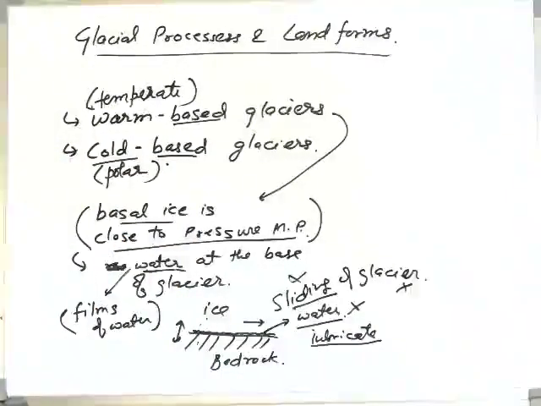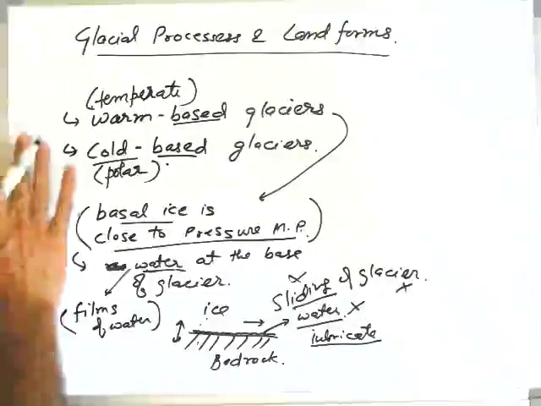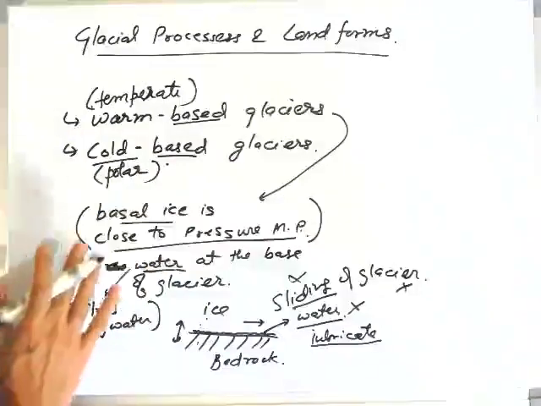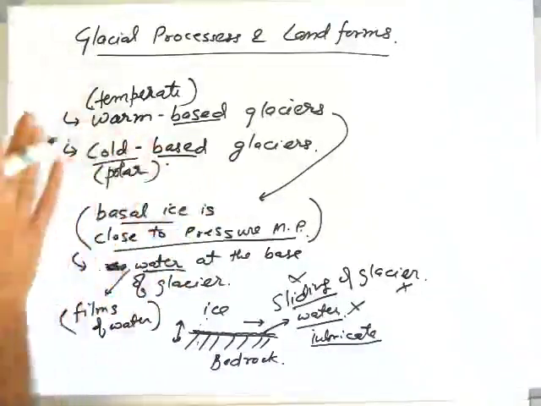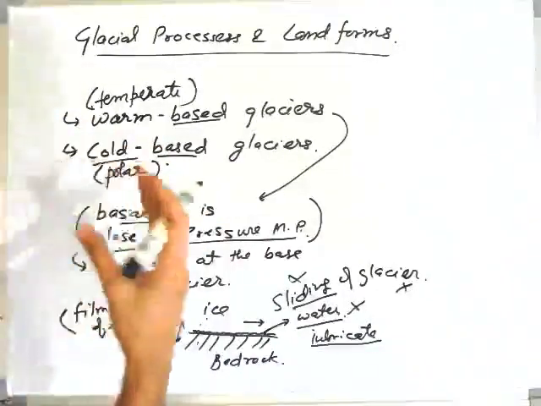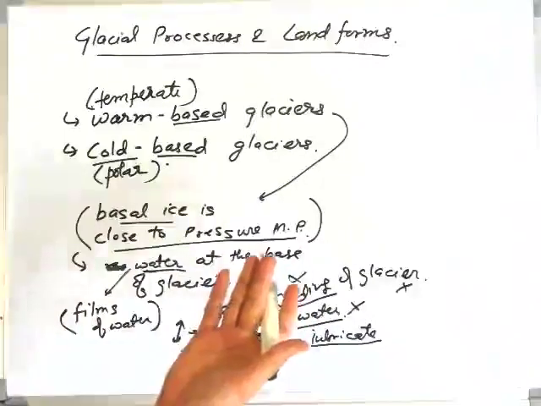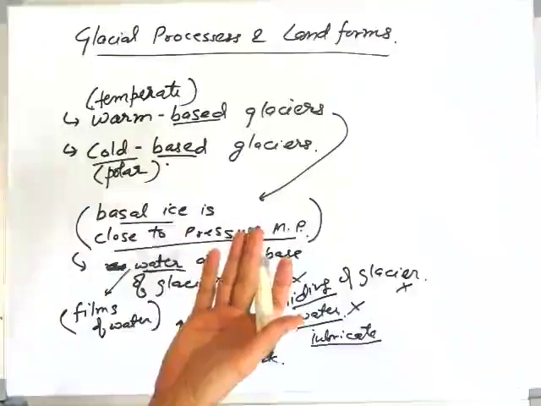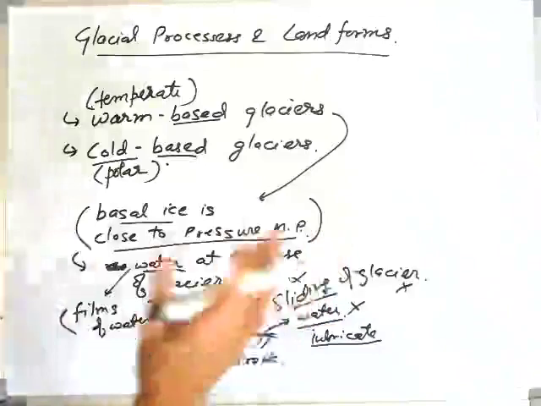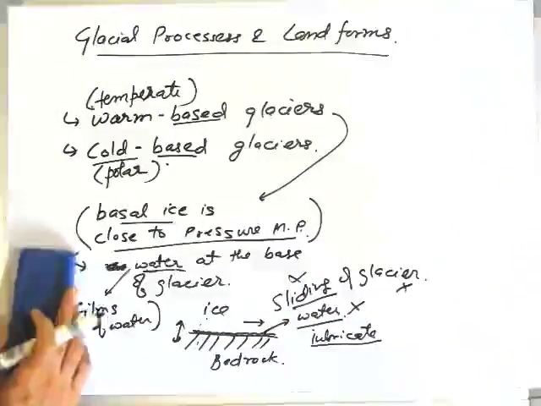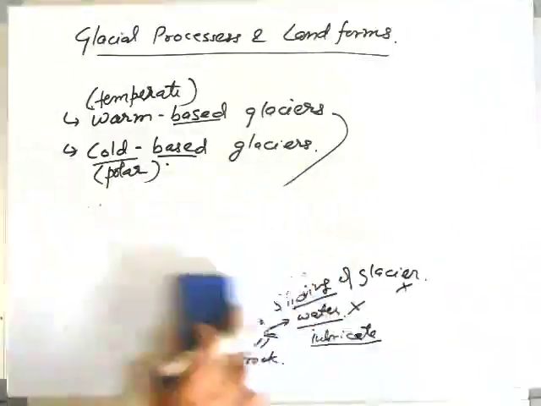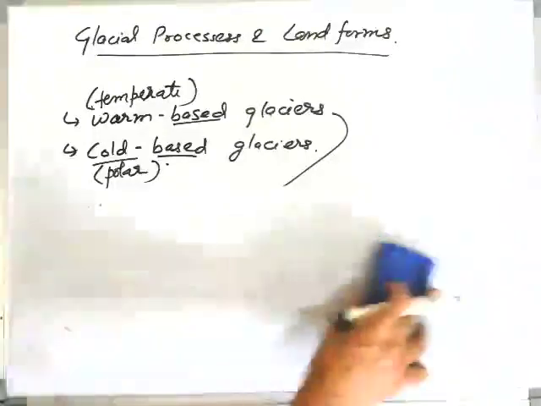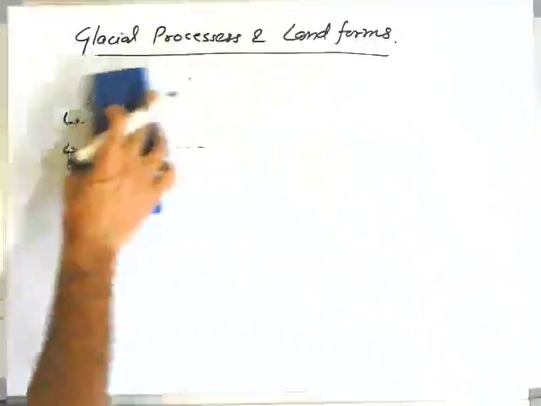But now it is known that the situation is not so simple that you have a glacier which is fully warm based and a glacier which is fully cold based, where the ice is below pressure melting point for the whole glacier. That is not the case. In reality, within the same glacier you can have different regions that are having cold and warm ice.